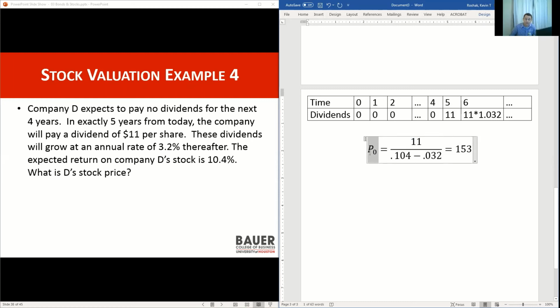Before, we got paid at time 1, so the valuation was sitting at time 0. That's why we could calculate a present value for that stream. However, if the cash flow doesn't start until time 5, then this valuation of 153, that's sitting at time 4. It's sitting one period before those cash flows start.